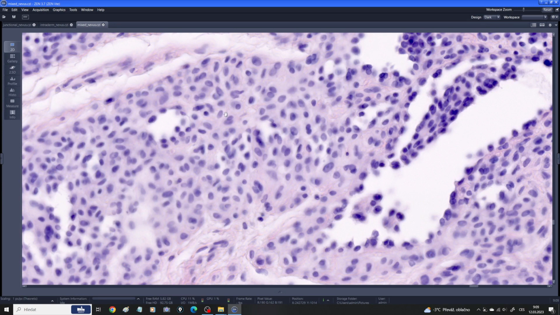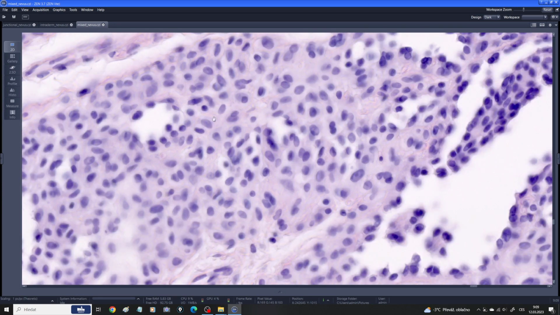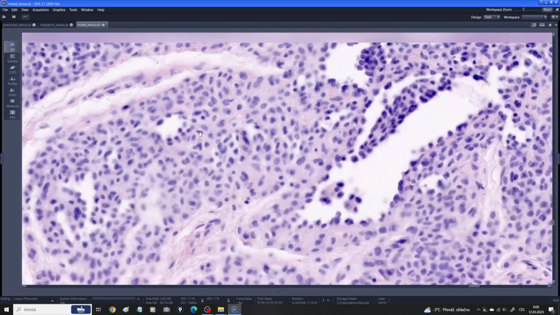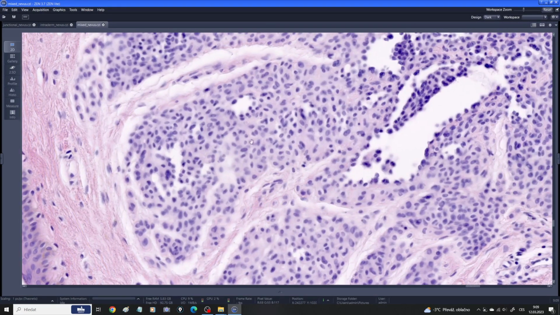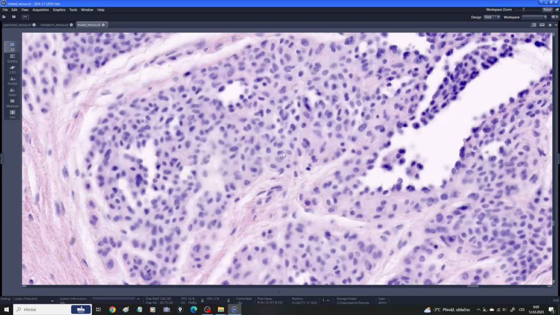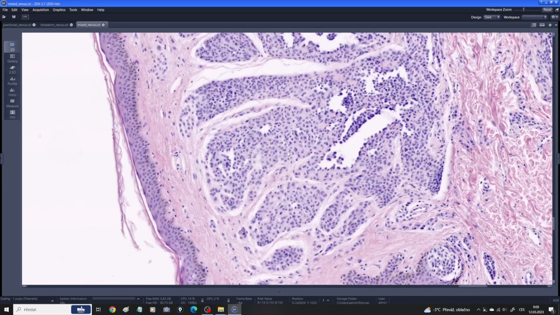So they have a brightly eosinophilic cytoplasm, and they are oval. The nuclei are oval, the cells are oval, and the cytoplasm is more eosinophilic compared to the intraepidermal ones. But again, you can see that the cells don't harbor any cytological atypia, they are quite bland, and there is no increased mitotic activity. So this is still completely benign.